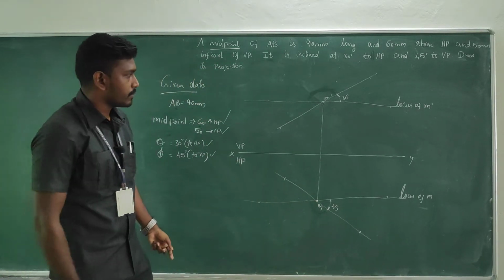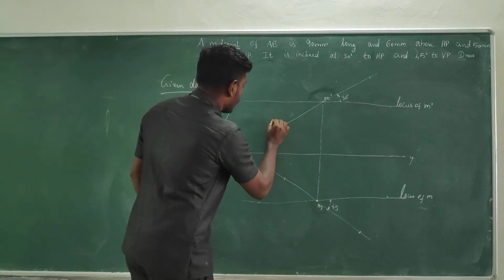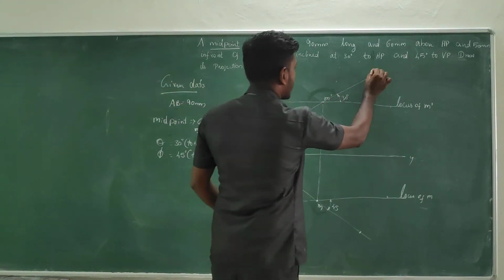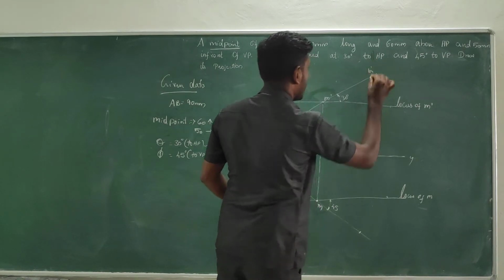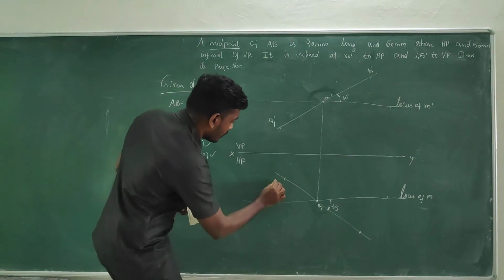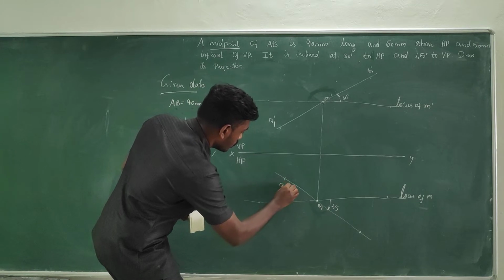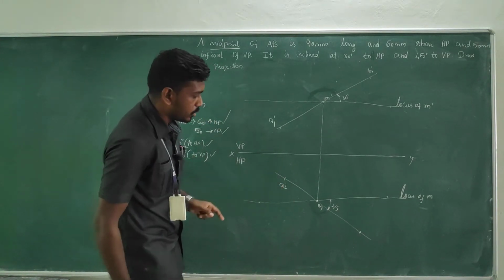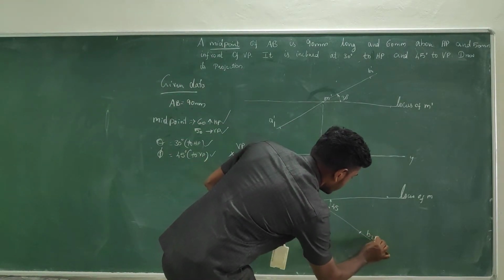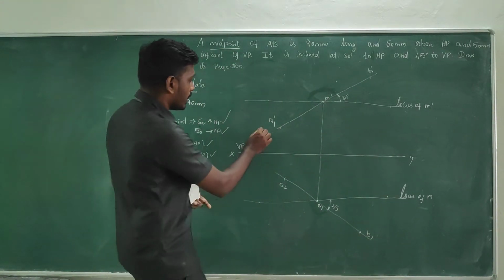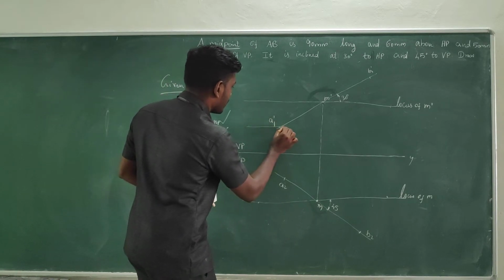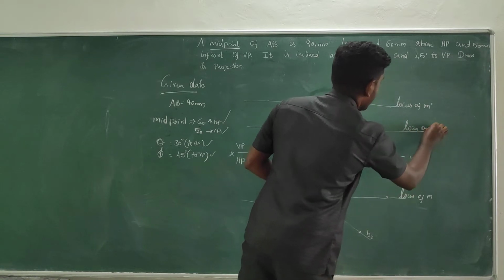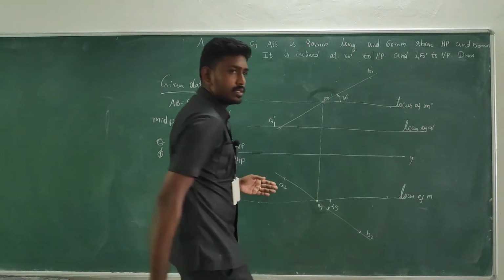Okay, fine. So this point will become A1 dash and this cut point will become B1 dash. This point will become A2 dash. Sorry, it's a top view, so A2, and this will become B2. If you draw a line passing through A1 dash, it's the locus of A dash.